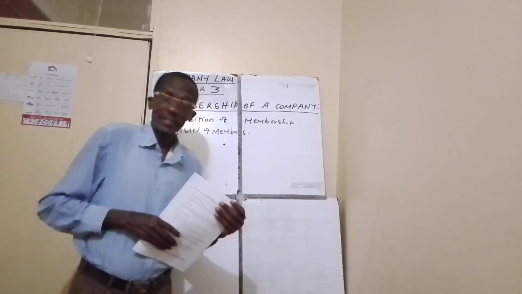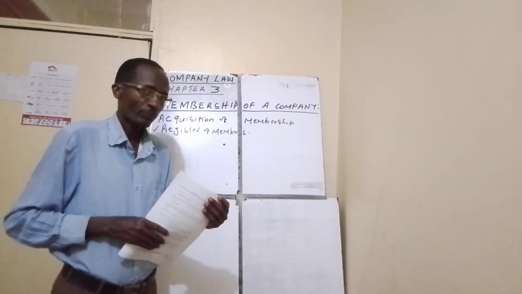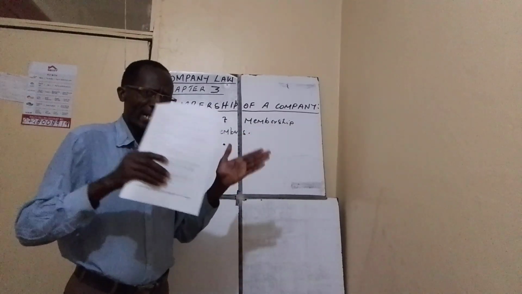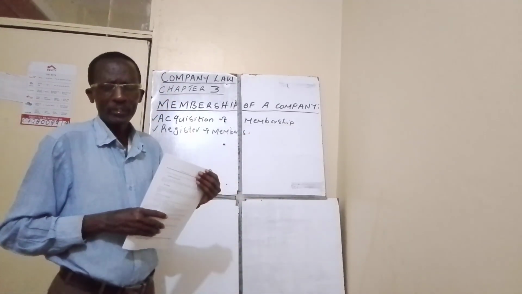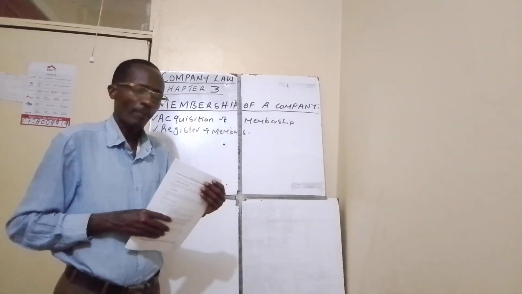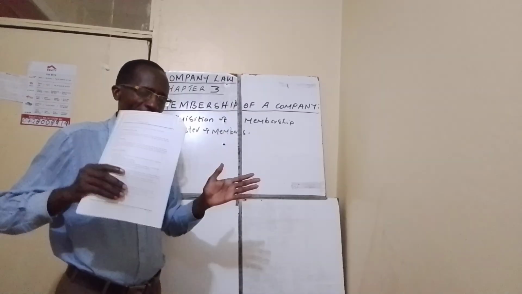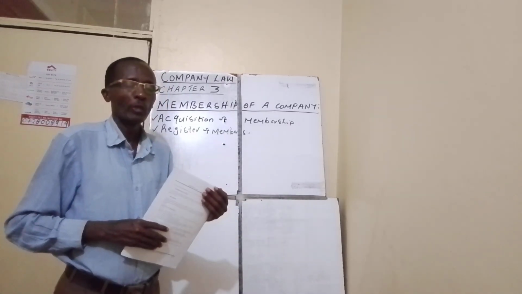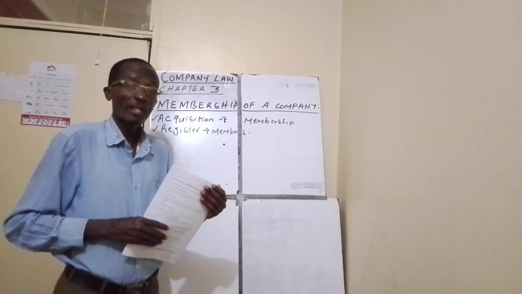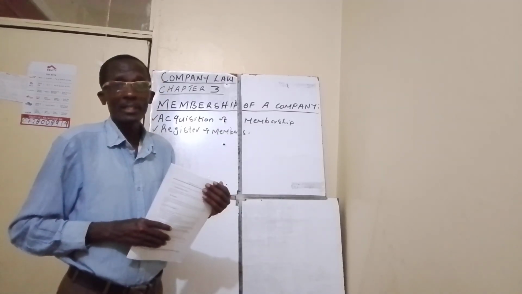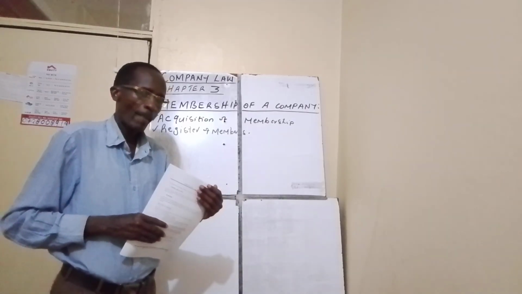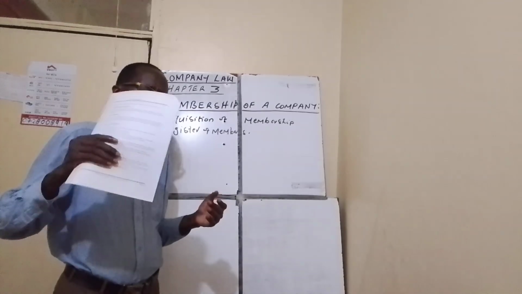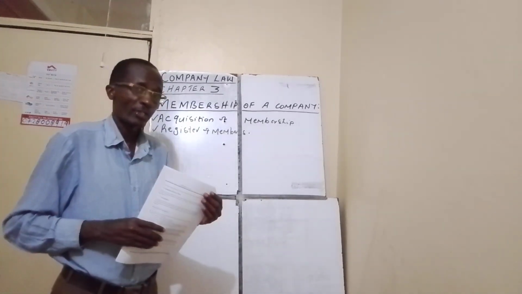That is, your name is in the register by mistake. So, should that name continue to be in the register, if the attention of the company has been drawn and known that this particular name is in the register by mistake, that name should obviously be removed from the register.